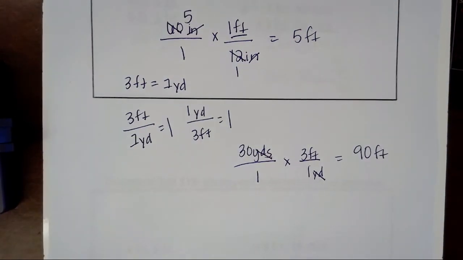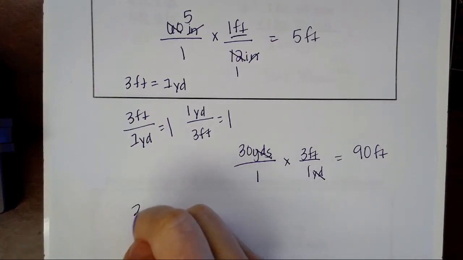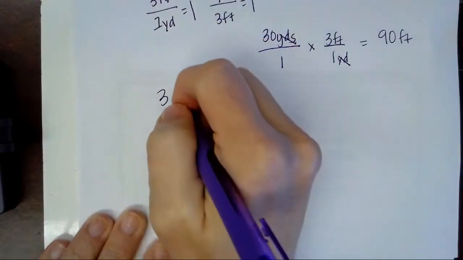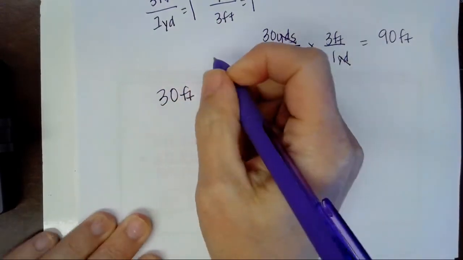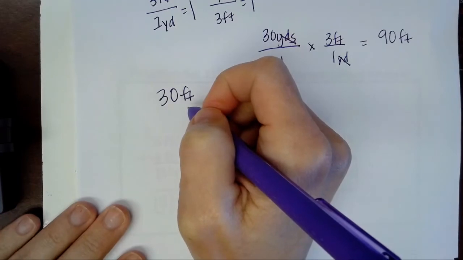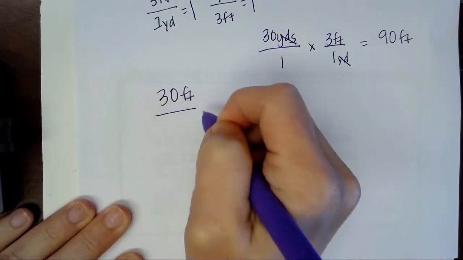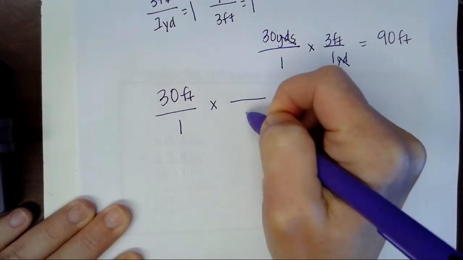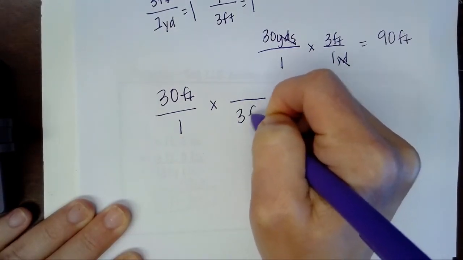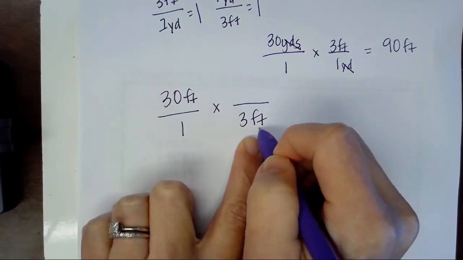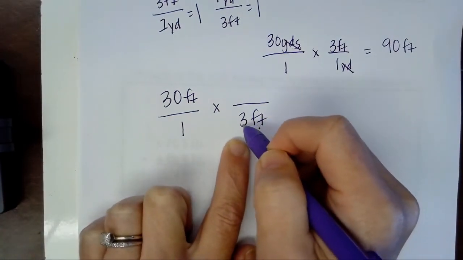If we were going to convert 30 feet to yards, let's say 30 feet over 1, and we want to put feet on the bottom on this side. So 3 feet, what does that convert to? 1 yard.